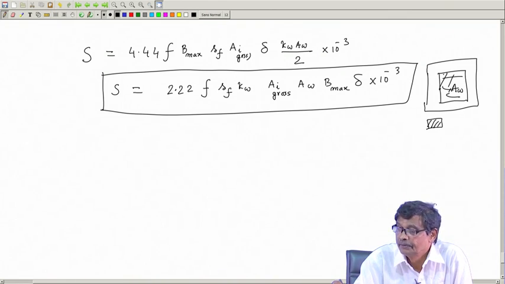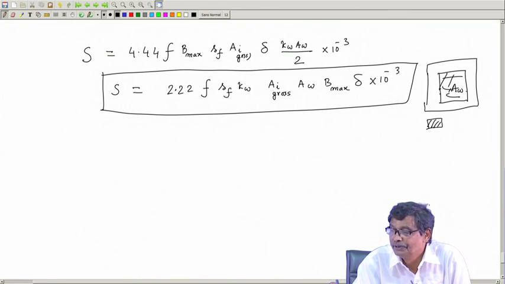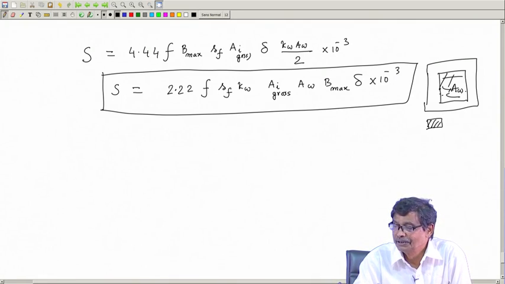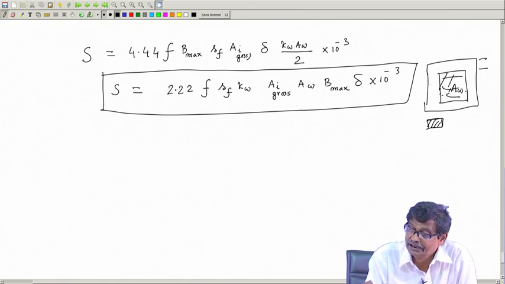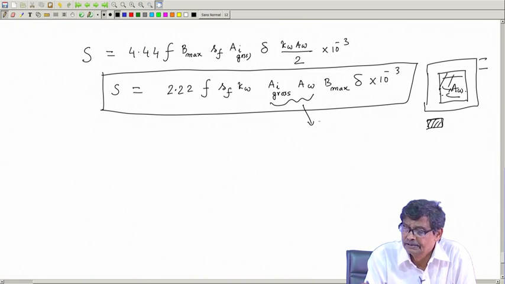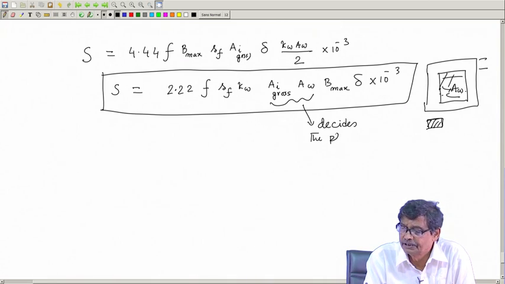Height of the transformer into this. Because at the moment you know AI, you know these things. So, it is related, but what I am telling is, these decide the physical dimension of the transformer.